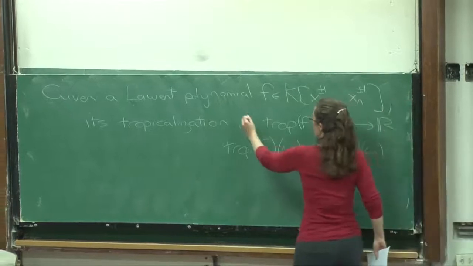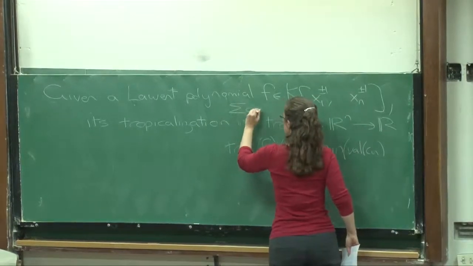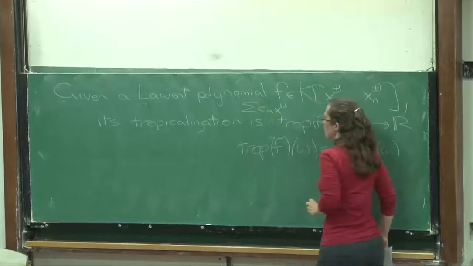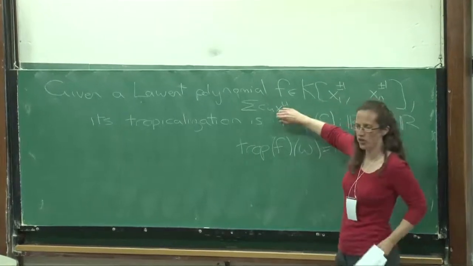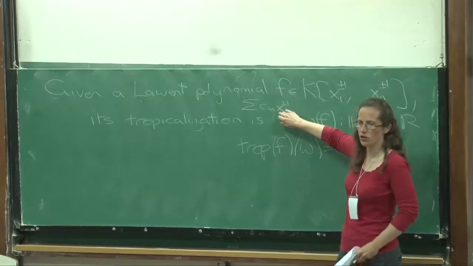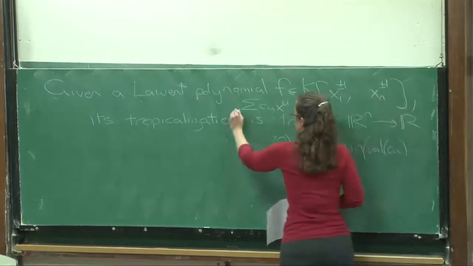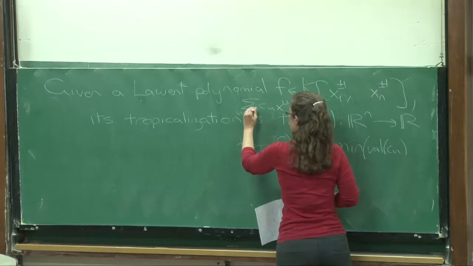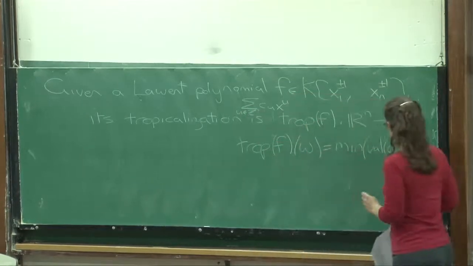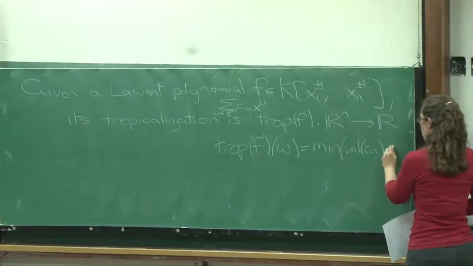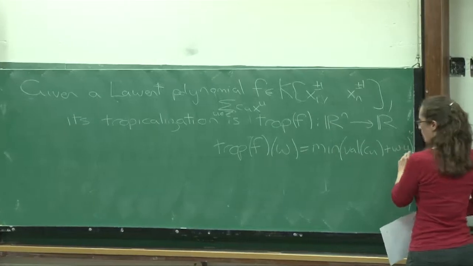I should write my function F as the sum of c_u x^u. Here I'm using multi-index notation, so x^u means x1 to the u1 times x2 to the u2 up to xn to the un. My u here live in Z^n.